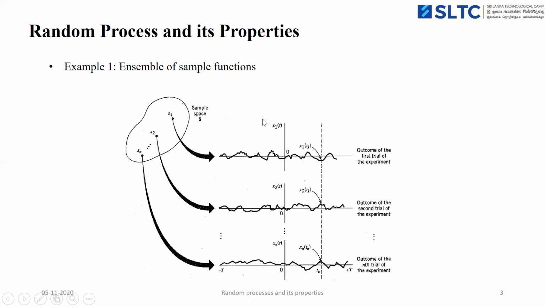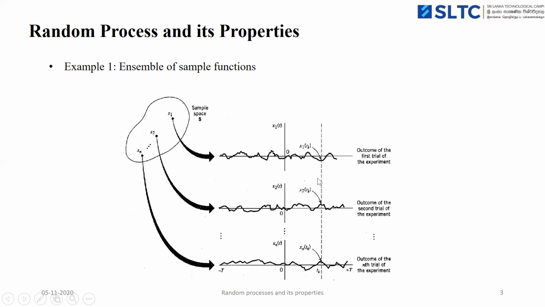So we are getting the random process. You can see here the outcome of the first trial of the experiment is represented by one waveform. The outcome of the second trial is mapped into the second waveform, and the last outcome is mapped into the nth waveform.